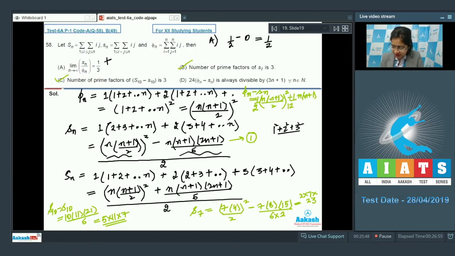That is, in the denominator we will have 12 and here we have 2n plus 1 also. So solving this, we will get it equal to 1 by 24 n plus 1 into 3n plus 1 into n plus 2. So we can see that 24 times this value is always divisible by 3n plus 1. So this option is also correct. So we can say that B, C, D are the correct options of this question.